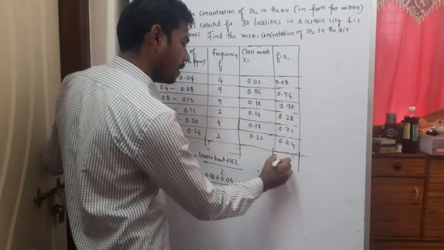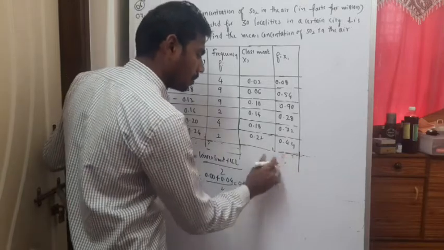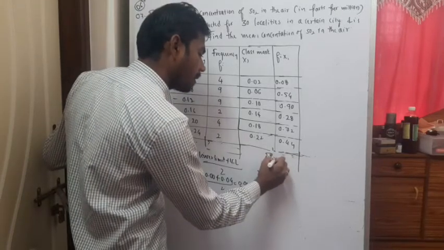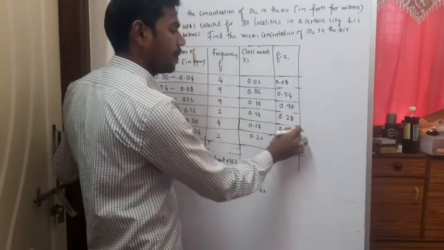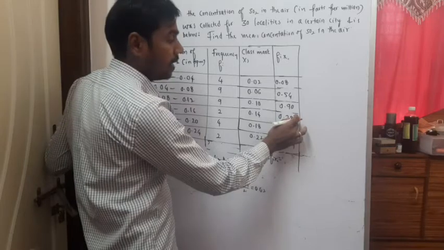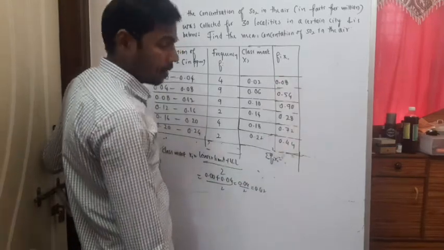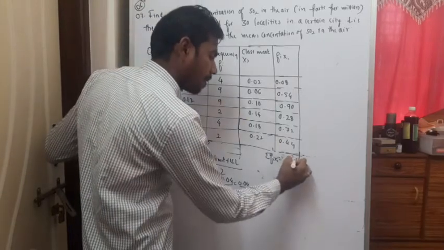Sigma fi xi is equal to 4, 6 plus 8, 14, 18, 18 plus 8, 26. Carry 2.